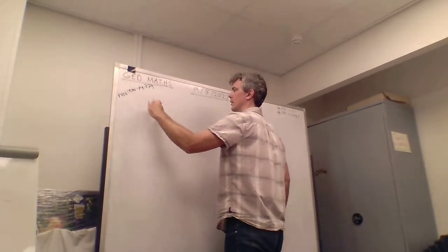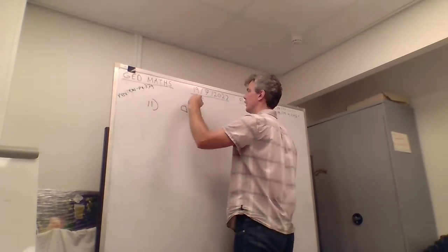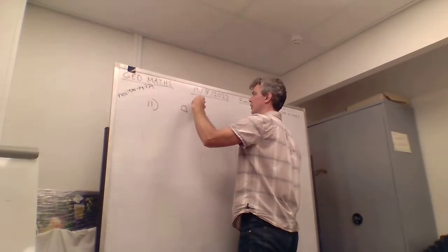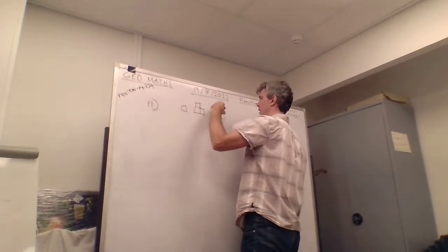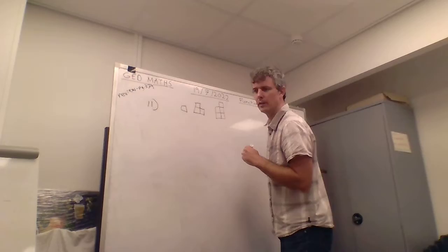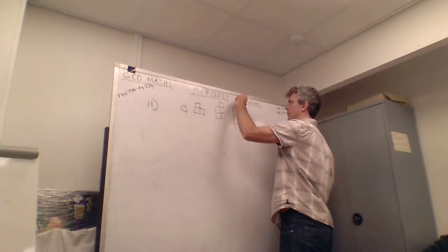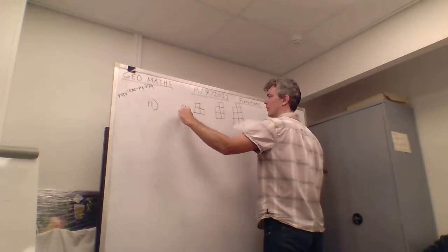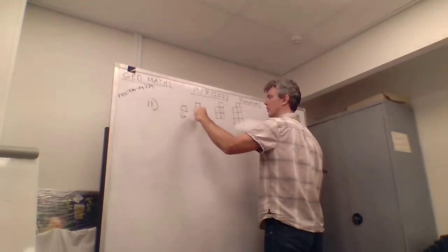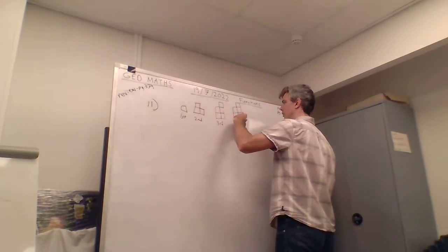So number 11, we have one block, 3 blocks, 5 blocks, and 7 blocks. This is first, second, third, fourth.